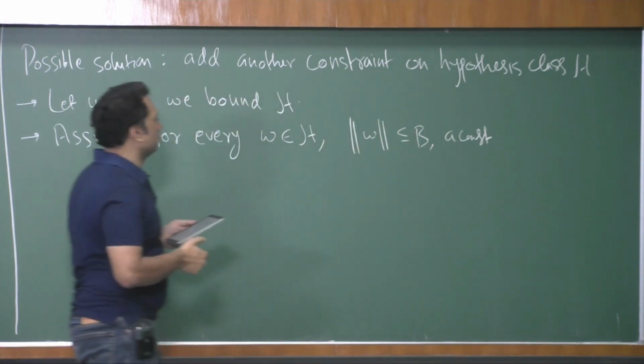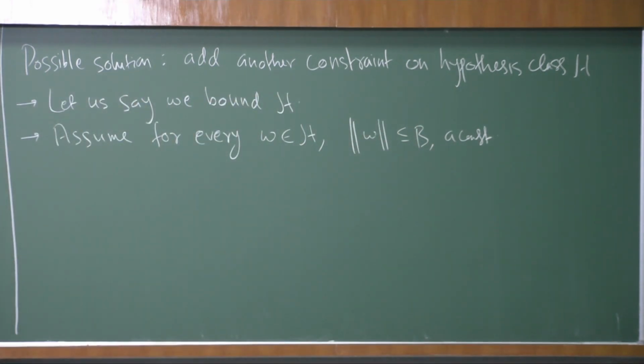So basically we bound this normal vector by a constant B. A natural question here is: is this going to be enough to make it PAC learnable? This additional constraint on the hypothesis class, at least for the linear regressor, where the hypothesis class is the set of W, if we bound those, will it solve the problem?